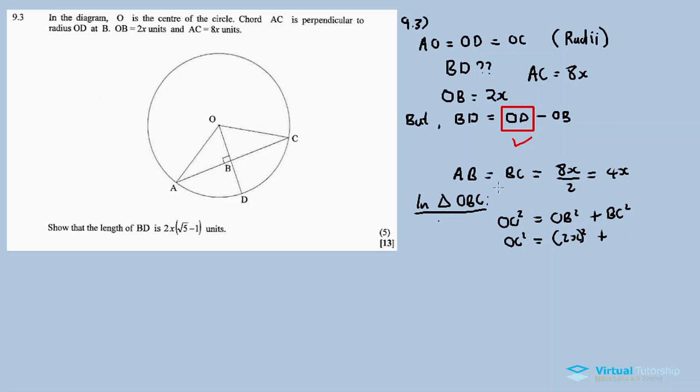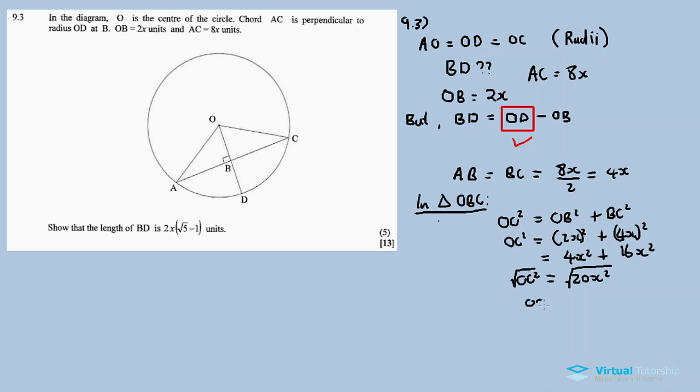Now BC, yes, I do have BC, is 4x, squared. Equal to 4x squared plus 16x squared. Adding, we get 20x squared, but I want OC, not OC squared, so we square root both sides.